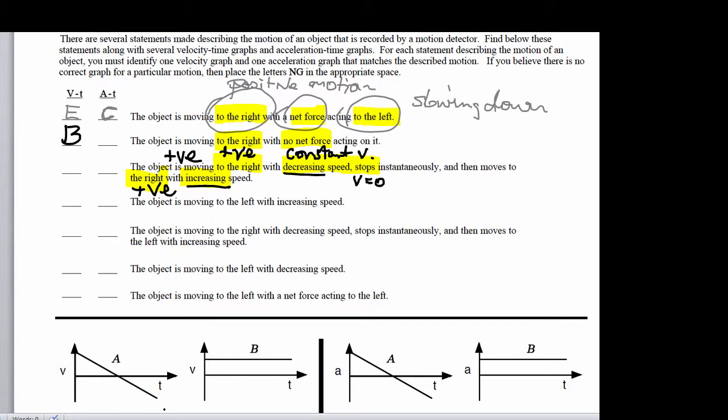Does everybody see that in this case, what's happened is that the object turned around, right? It's very weird to look at that and say that's an object turning around. But if we know that the direction of motion is always given by the sign of the velocity, we can see that that's the case, right?